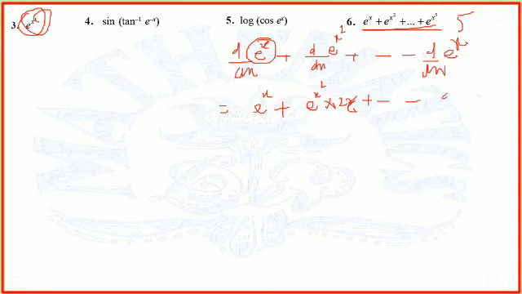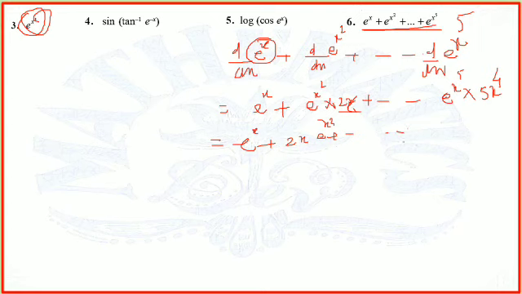At last, the derivative of e^(x power 5) is as it is, and then the derivative of x power 5 is 5x power 4. So the final solution we write is e^x plus 2x e^(x square) plus so on, 5x power 4 e^(x power 5).